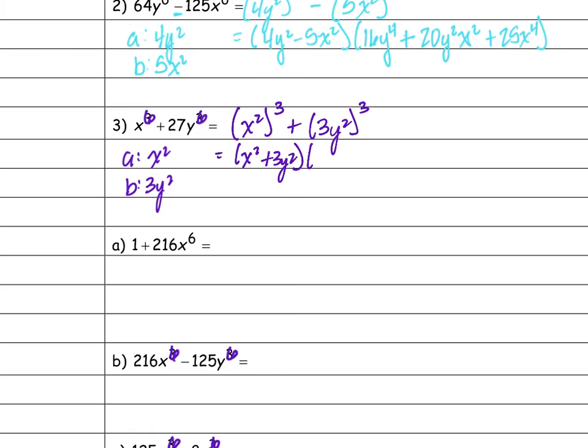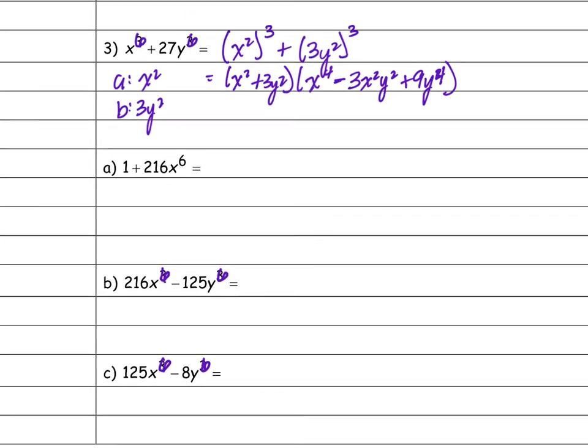And then we have A squared. So x squared squared becomes x to the 4th. And then minus A times B, 3x squared y squared, plus B squared, 9y to the 4th power. Okay.